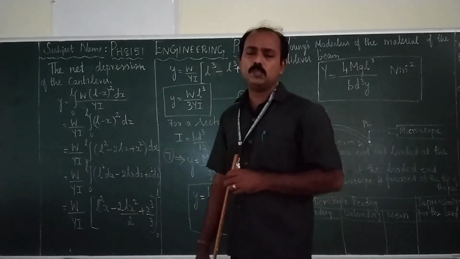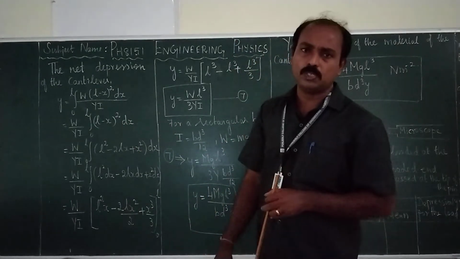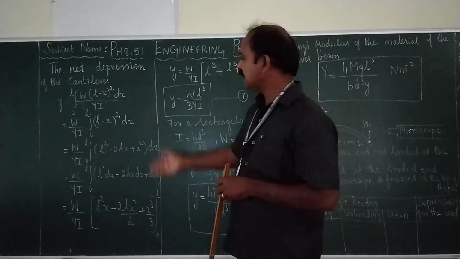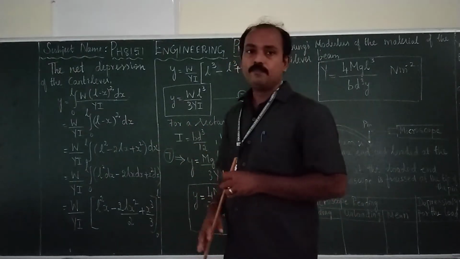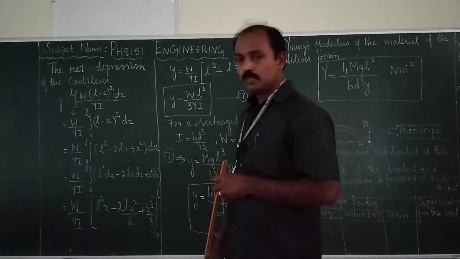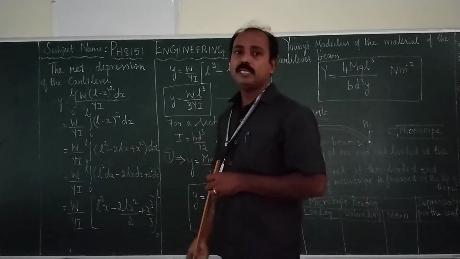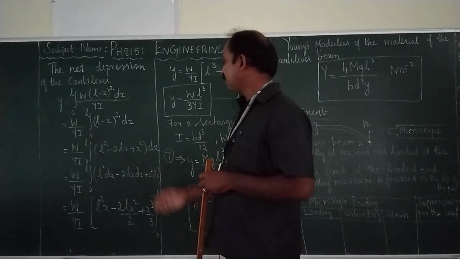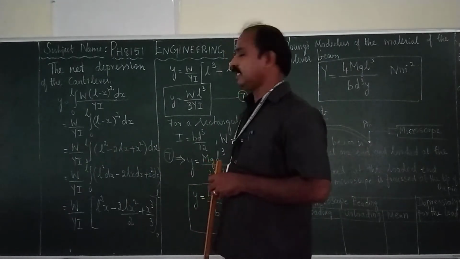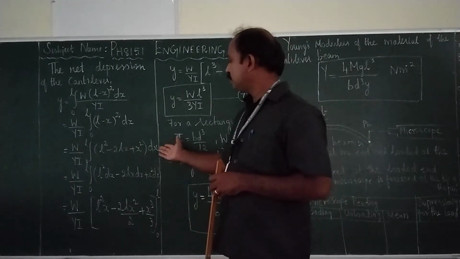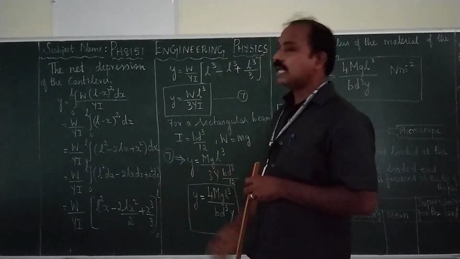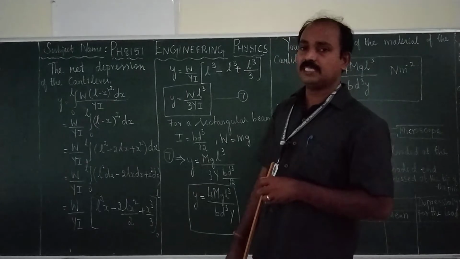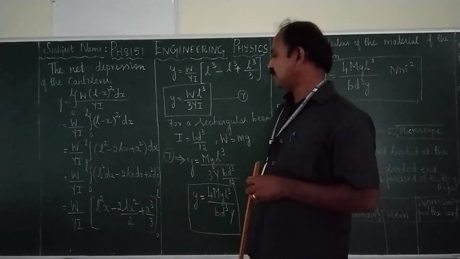Then just use the A minus B the whole squared formula. So you can expand L minus x the whole squared the same way: L squared minus 2Lx plus x squared into dx. So when you move this dx into the bracket, L squared dx minus 2Lx dx plus x squared dx.